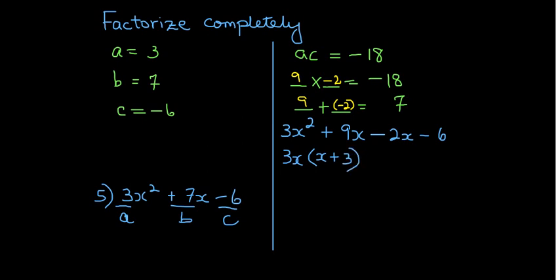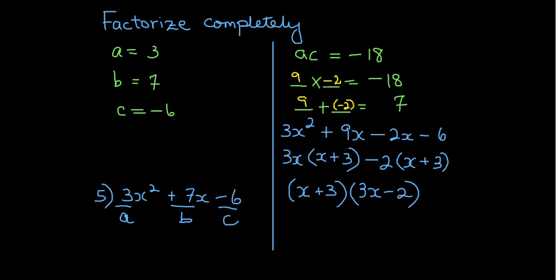So now we have 3x into x plus 3, and then minus 2 is my common factor here. I'll also get a binomial of x plus 3 when I factor that out. And finally, I factor out the x plus 3, and you'll get the completely factorized form of x plus 3 by 3x minus 2.